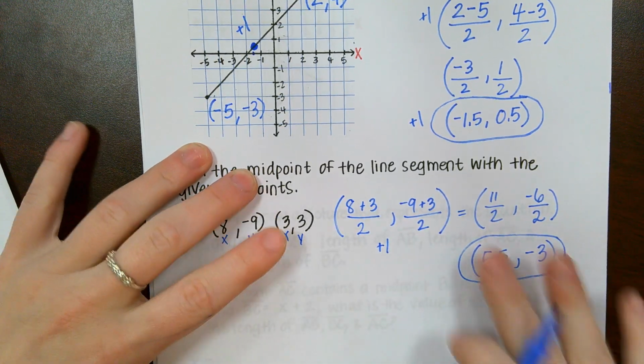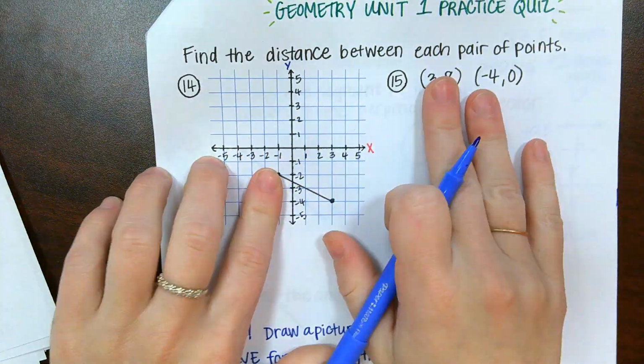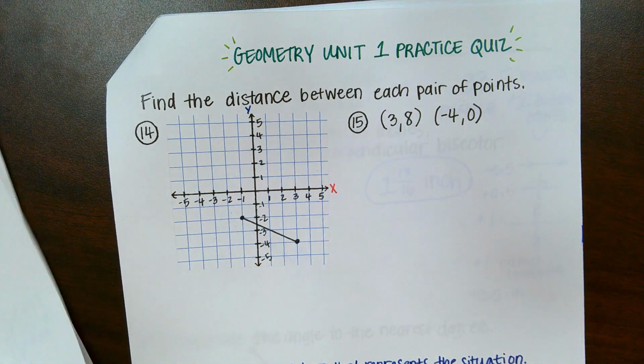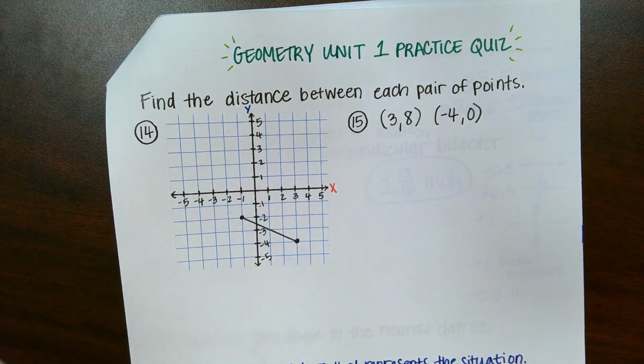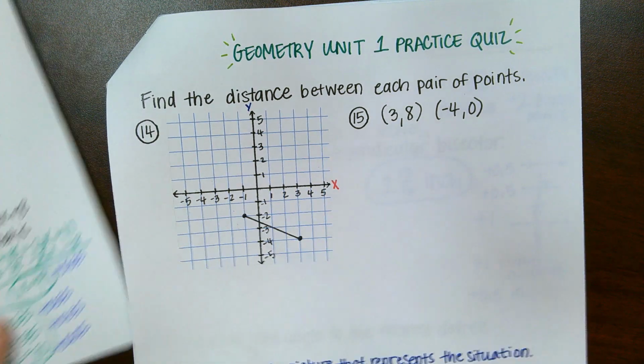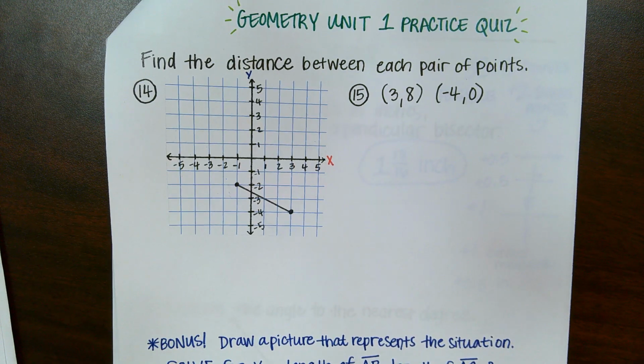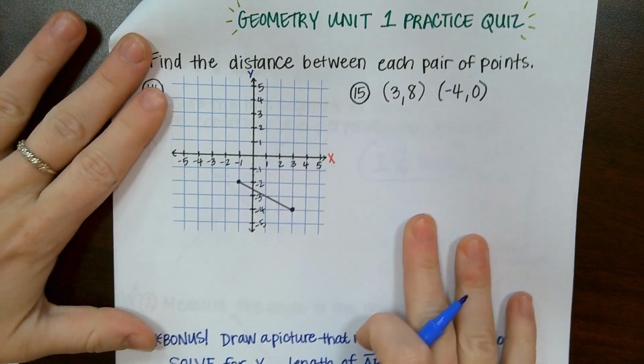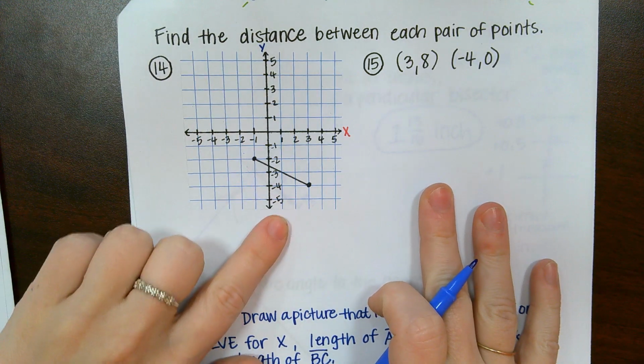All right, last page. Number 14, number 15. Here we're doing something different. We're still working with graphs and coordinates, but instead of finding the midpoint, this time we're finding the distance between each pair of points. So let's start on number 14.